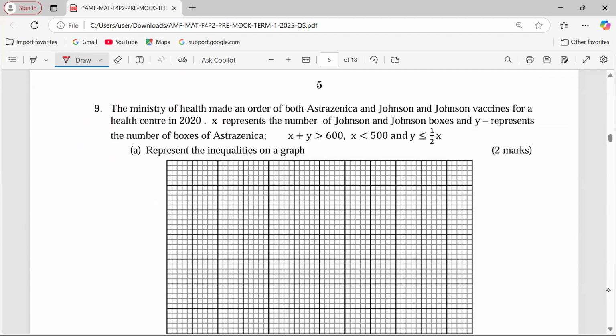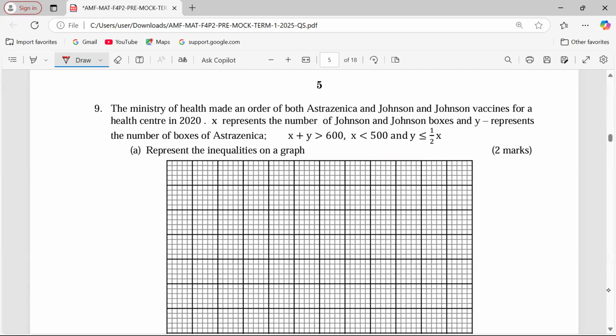Now we are at number 9. It's a graphical question. We can read it together. The Ministry of Health made an order of both AstraZeneca and Johnson & Johnson vaccines for a health center in 2020. That was during the corona period, you know.